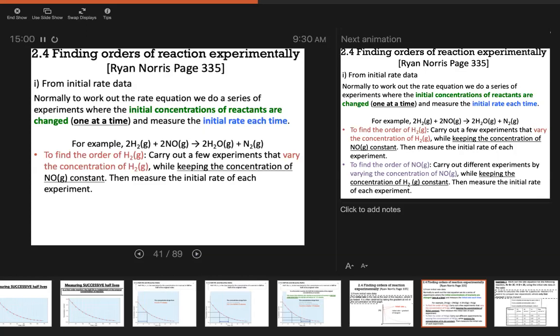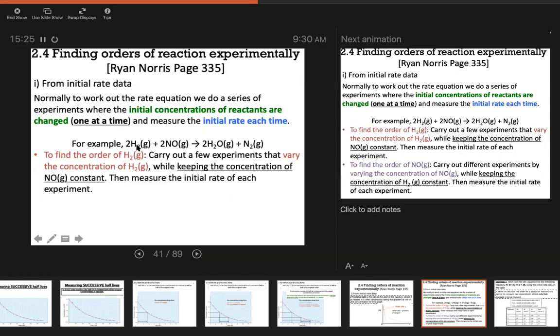So that is to say, everything else must be the same, but only the concentration of hydrogen I change every time, okay? The concentration of nitrogen monoxide has to be constant, because if I change the concentration of nitrogen monoxide, I won't be able to study the effect of changing concentration of hydrogen on its rate, okay?